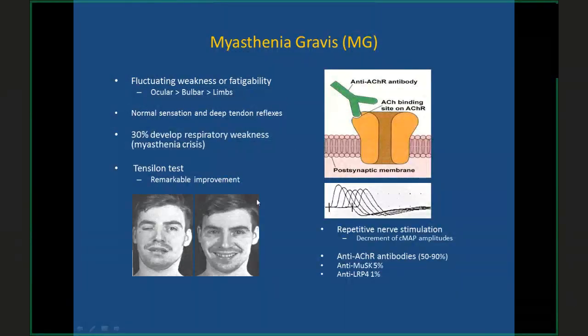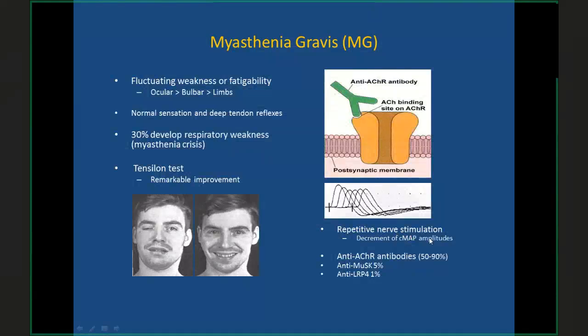How to diagnose myasthenia gravis? We used to use the Tensilon test. As the picture shows, before Tensilon and after Tensilon, you can see the significant improvement, so you feel comfortable diagnosing myasthenia gravis. Other tests for diagnosis include repetitive nerve stimulation.